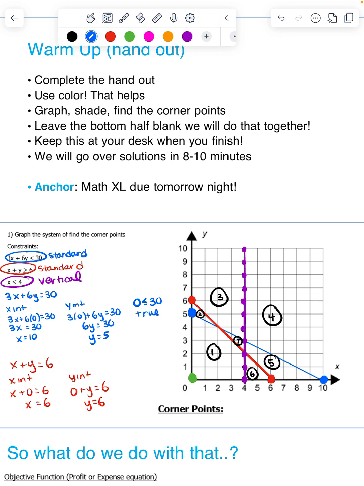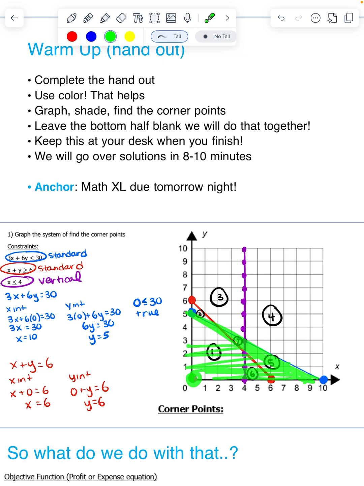So if I'm looking at the blue line, which is this one I'm highlighting here, this point is true. So I want to shade with this point. I want to shade all the stuff with 0, 0, which ends up being 1, 5, 6, and 7. We're not actually going to shade that. We're just going to write those numbers down. 1, 5, 6, 7.